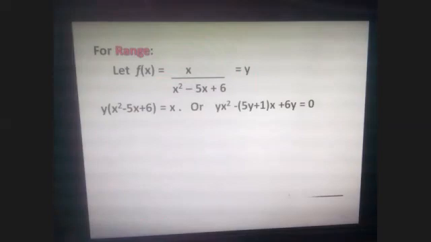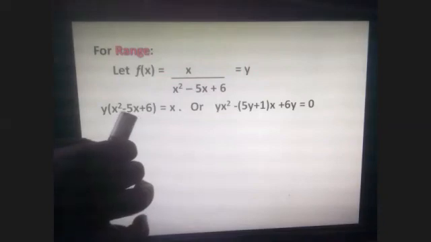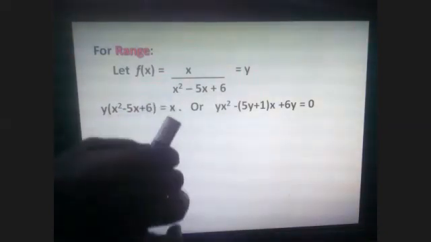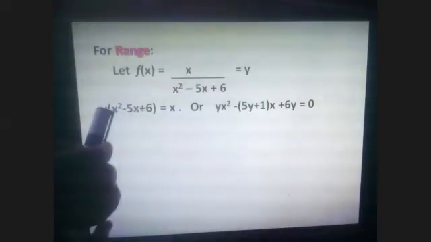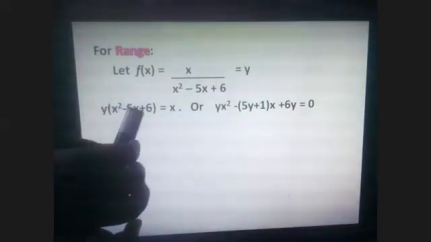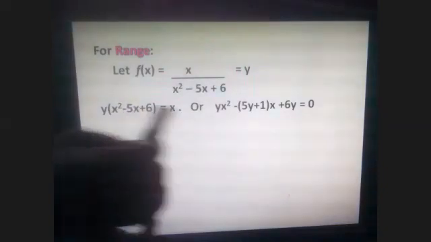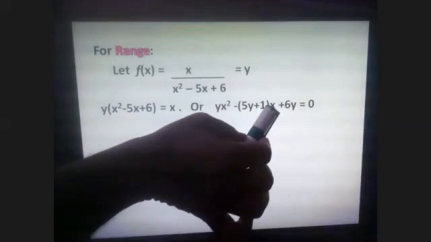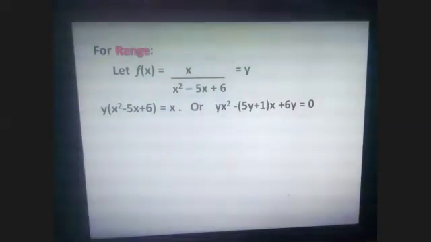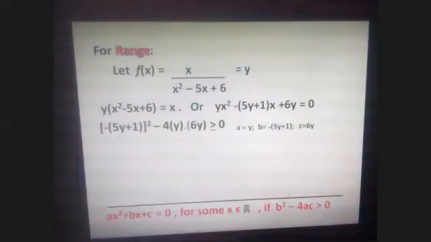Open the bracket: yx squared minus 5xy plus 6y equal to x. Take all terms to the left side. Yx squared minus 5xy, right? Minus x, that I combined: yx squared minus (5y plus 1) into x plus 6y equal to 0. Well, what does that mean?